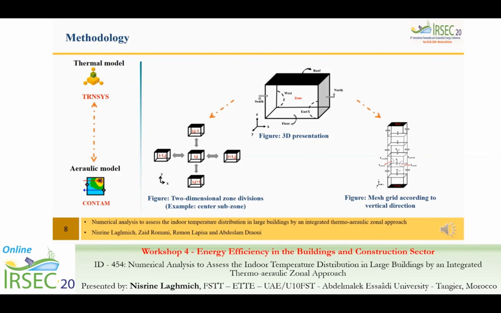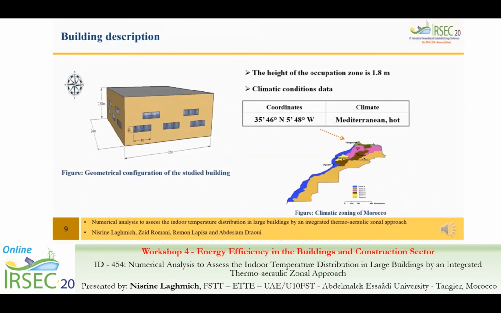This figure shows the example of the center subzone. To apply this methodology, we have chosen a building with these dimensions, and it is located in a city that is characterized by a hot Mediterranean climate.